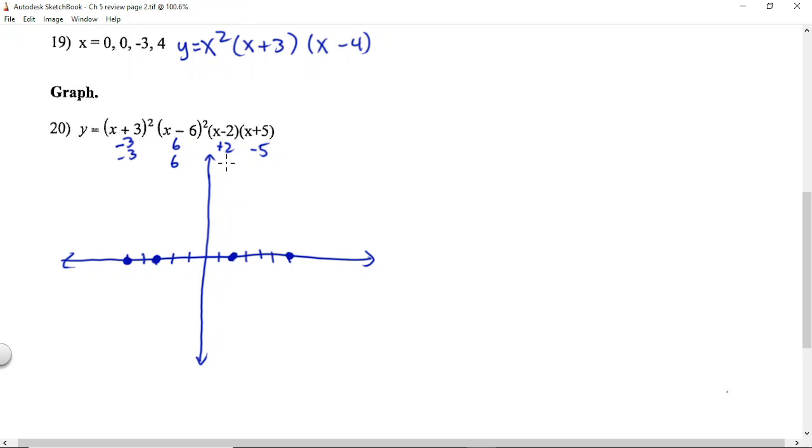Remember, we look at the first term when it's written in standard form, but this thing's nowhere near standard form, right? This is a bunch of binomials. To put this in standard form, we would have to multiply this out. We would have to take x plus 3 squared, and that would give us x squared plus 6x plus 9.